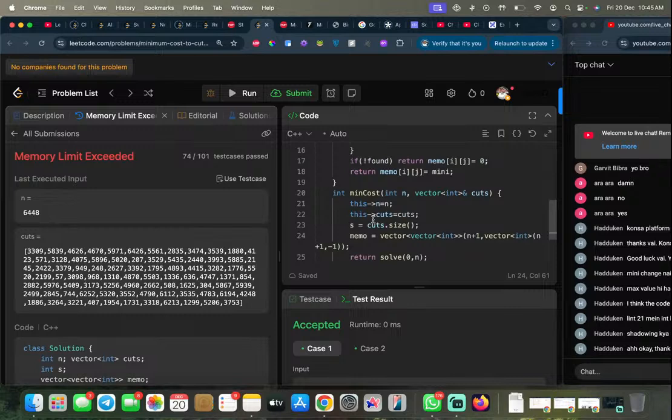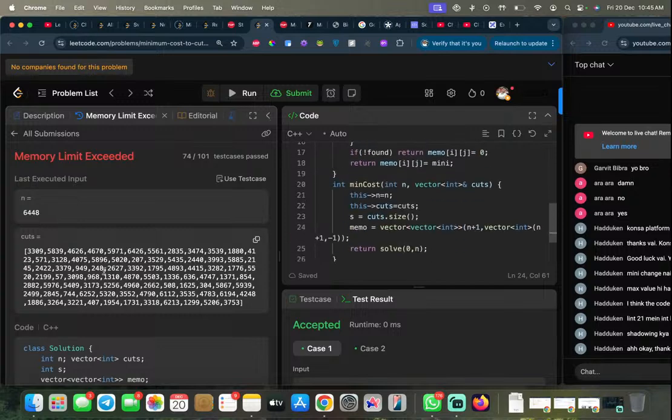Memory limit exceeded, because n is too large. N square.